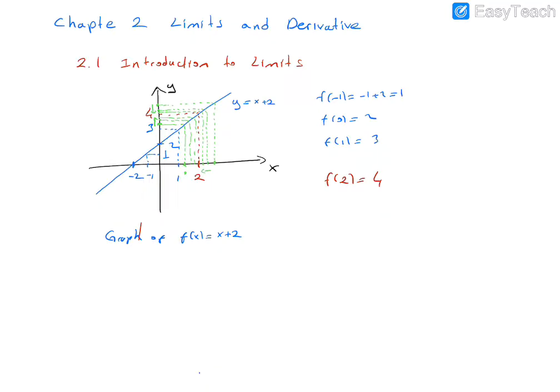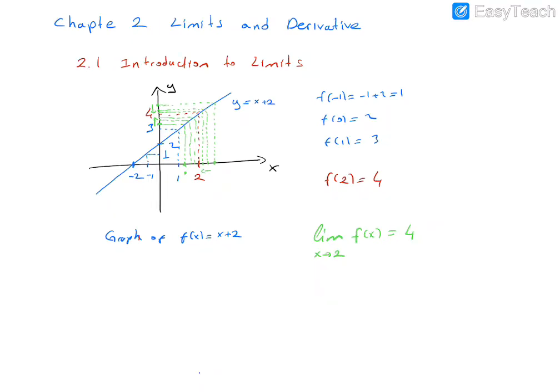This situation is written mathematically in the following way: the limit as x goes to 2 of f of x equals 4. This equation is read as the limit of f of x as x approaches 2 is 4.